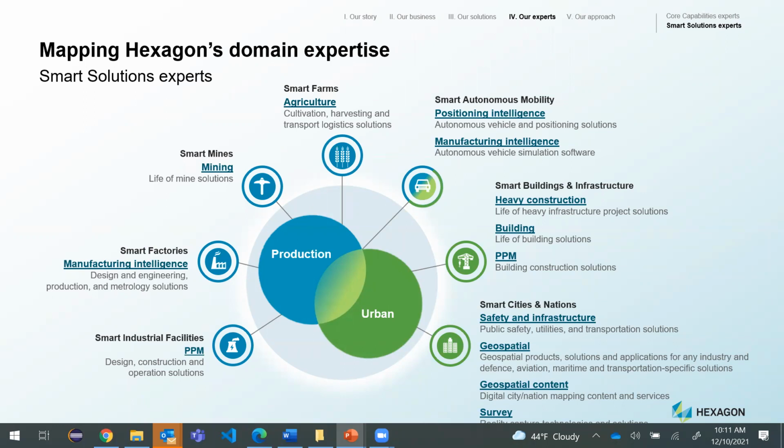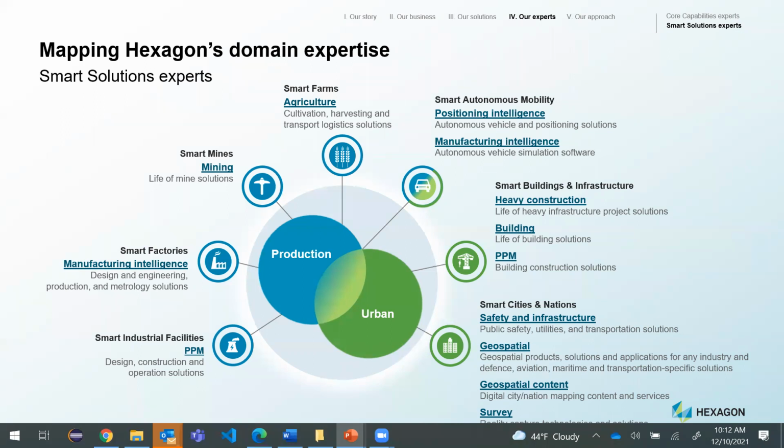We also have many other divisions. This is really discrete manufacturing, but we have PPM, which is for facilities like refineries and processing plants, basically a full digitalization of those kinds of plants and assets. In fact, PPM includes the old Intergraph CAD, which is used for design of those sorts of systems.